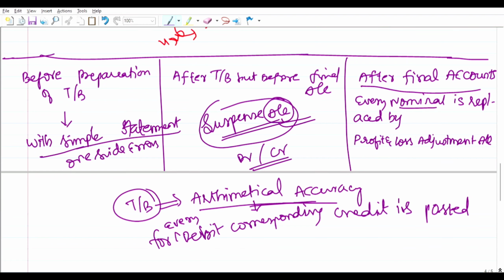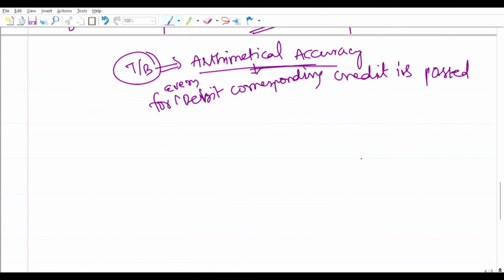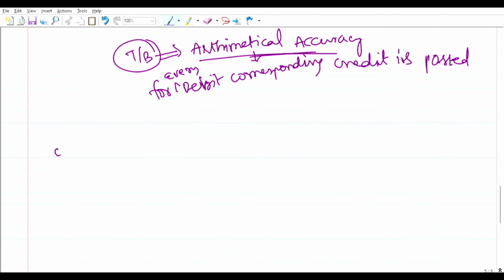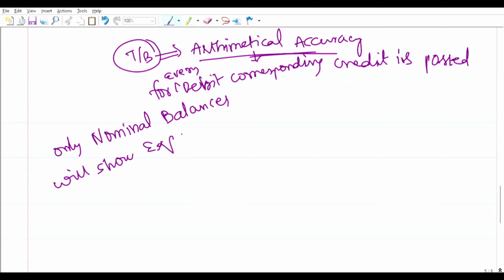Why is only nominal replaced by P&L adjustment? Why are real accounts and personal accounts not replaced by P&L adjustment? Because only nominal account balances will show expenses, losses, incomes and gains, which directly affect the capital.